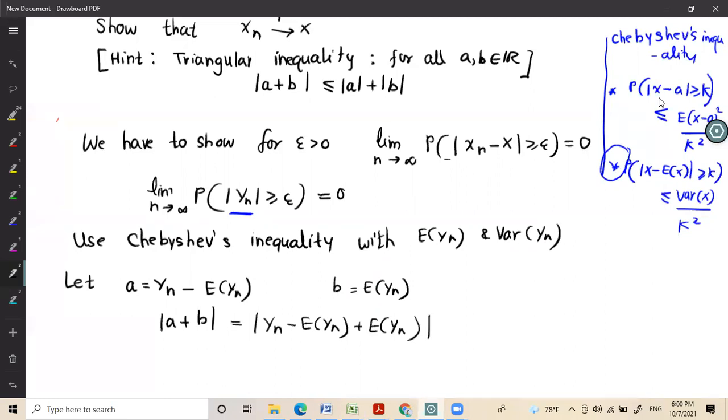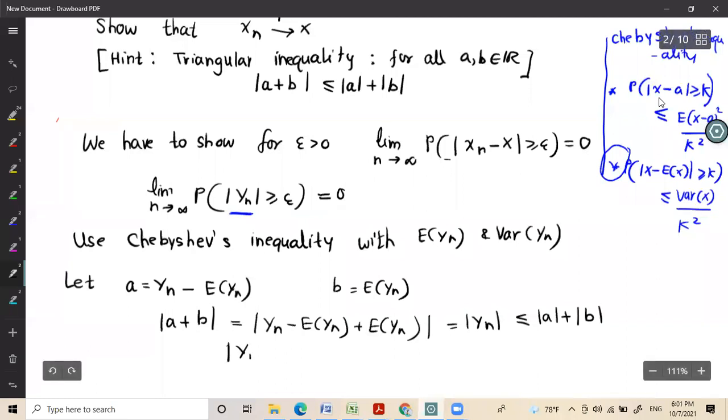But this is the absolute value of A plus B, and this becomes Yn. According to the triangular inequality, this is less than or equal to the absolute value of A plus the absolute value of B. So that means we end up with the absolute value of Yn being less than or equal to what?